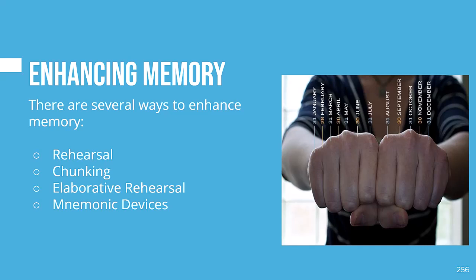The area code, the first 3 numbers, and then the last 4 numbers. Elaborative rehearsal, which is a technique in which you think about the meaning of the new information and its relationship to knowledge that you have already stored in your memory. And mnemonic devices. Mnemonic devices are memory aids that help us organize information for encoding.